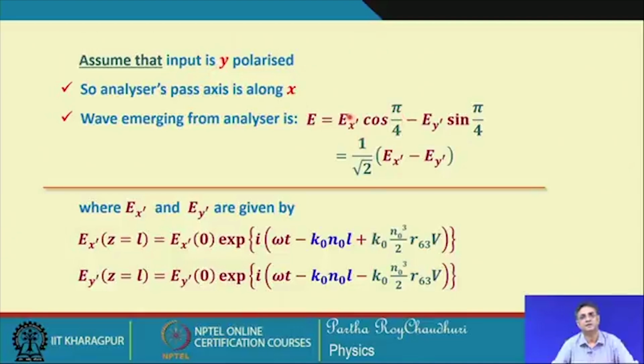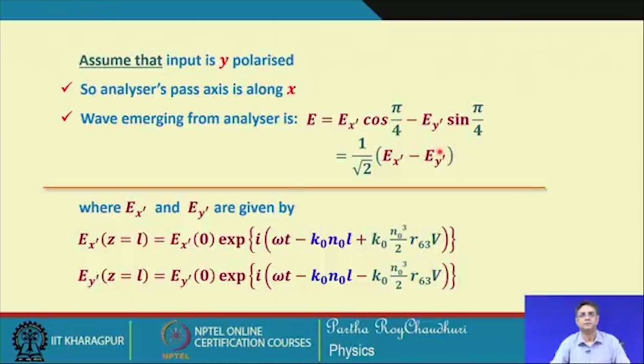As a result, this will be equal to E x dash by root 2, and this will be equal to E y dash by root 2. So, these two are the components of the amplitudes which will be travelling through the crystal. And by saying this, we consider that the amplitudes are at the output of the crystal.